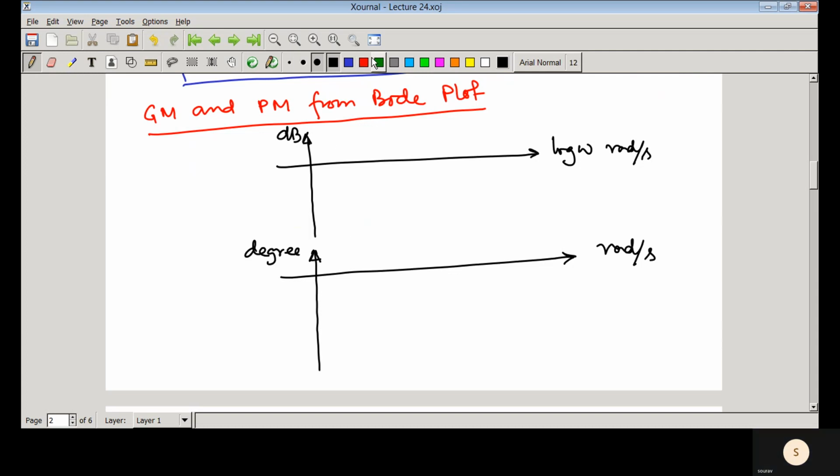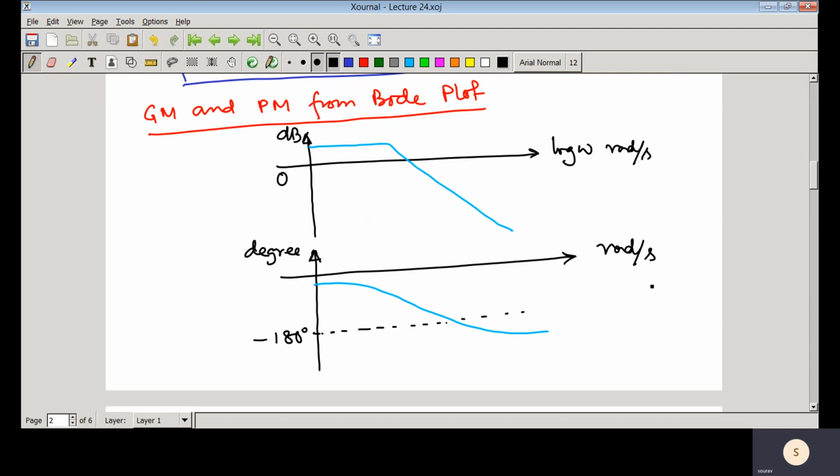Suppose we have a plot like this, that is the gain plot, and suppose this angle is 180 degrees, and this is the 0 dB line. Suppose we have a plot like this, that is the phase plot, and this is for a stable system.